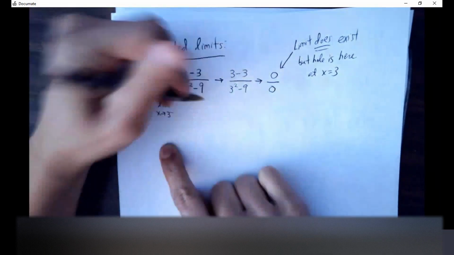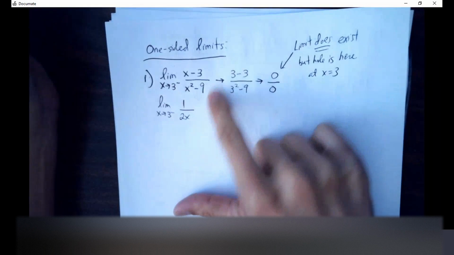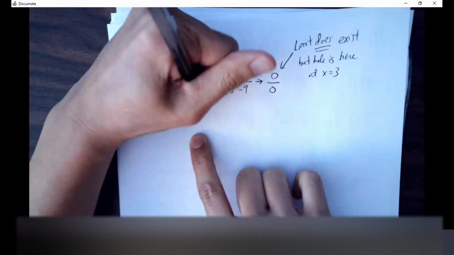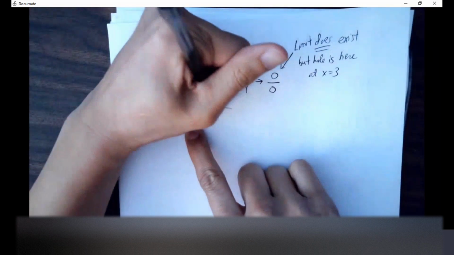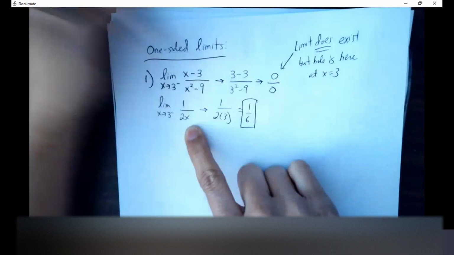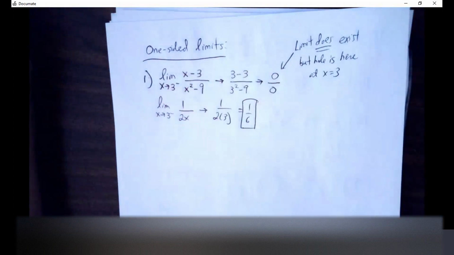So if you choose to do L'Hopital's rule, it'll be 1 over 2x because the 3 and 9 go away. And then you will enter 3 in for x. You'll get 1/6. Okay, so if there's a hole in the graph, your one-sided limit is not going to play a role at all.